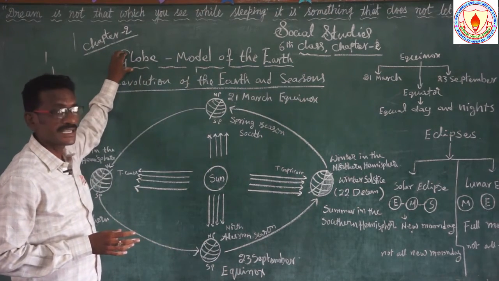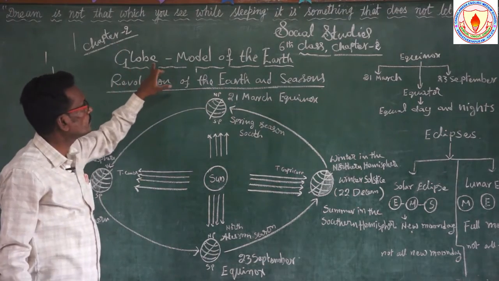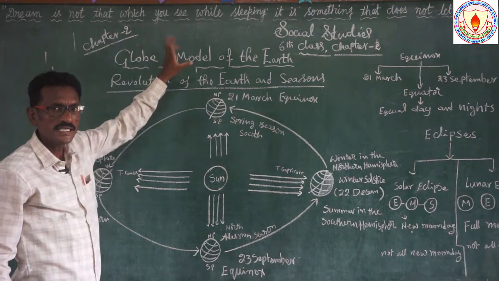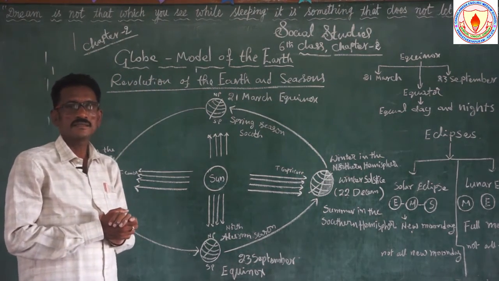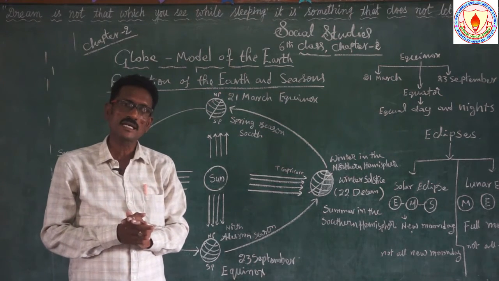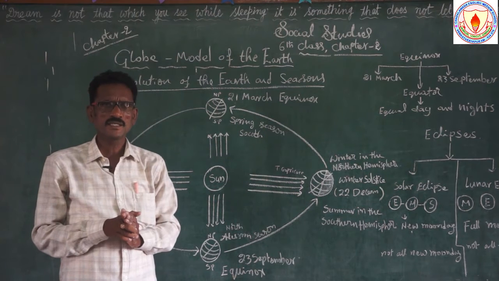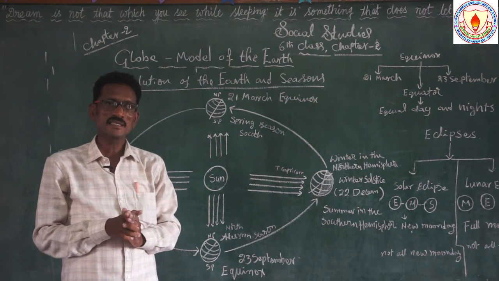And this is the second chapter of the social studies 6th class, Globe, Model of the Earth. And dear students, you should take the textbook and read it. I hope you already read the first chapter, and this is the second chapter of social studies.